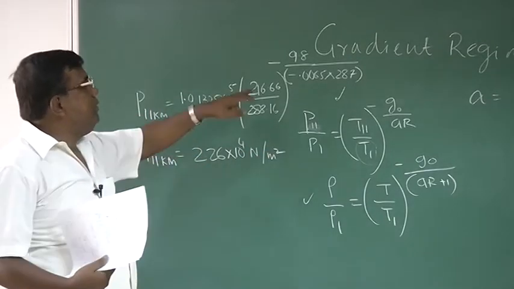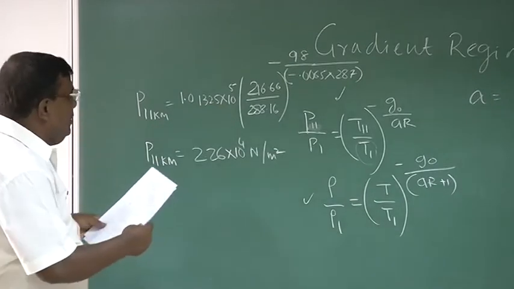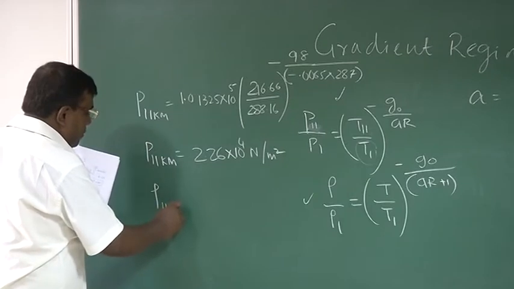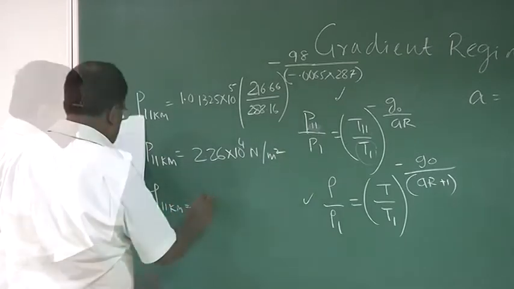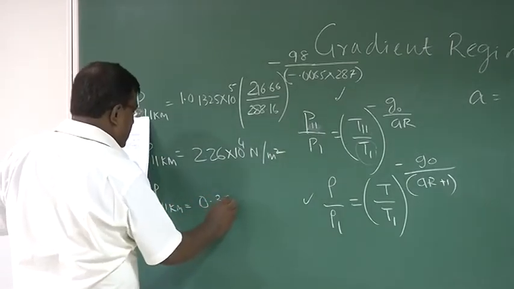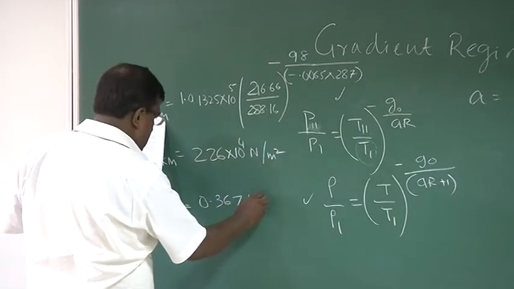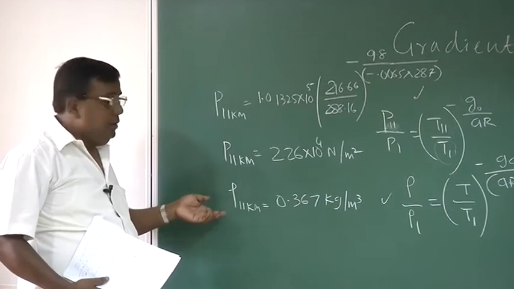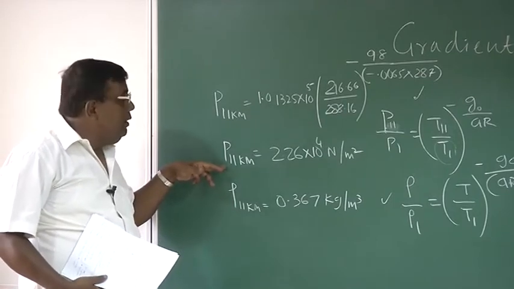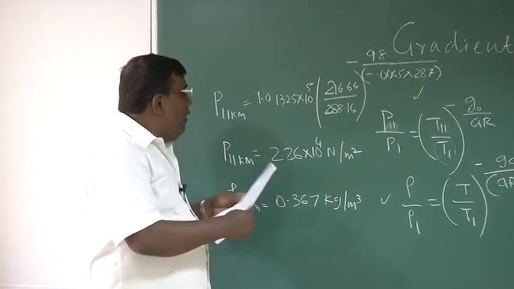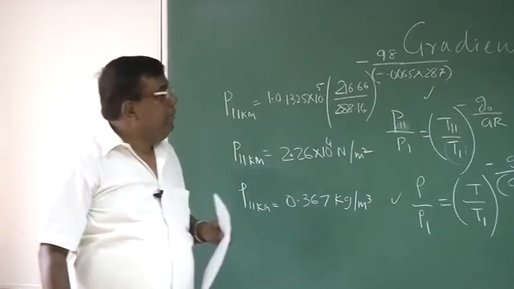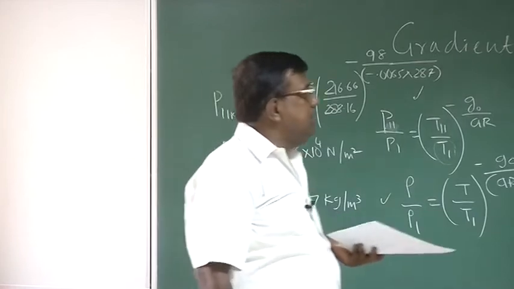I have just substituted the values. Similarly, if I substitute for rho, I get rho at 11 kilometer equal to 0.367 kg per meter cube. Try to develop a feel for this number. If we are flying at 11 kilometer, the pressure is 2.26 into 10 to the power 4. And what is the atmospheric pressure at sea level?